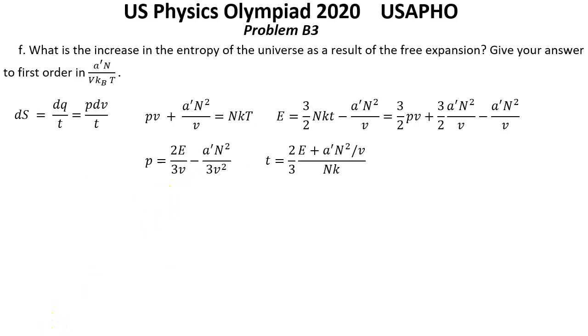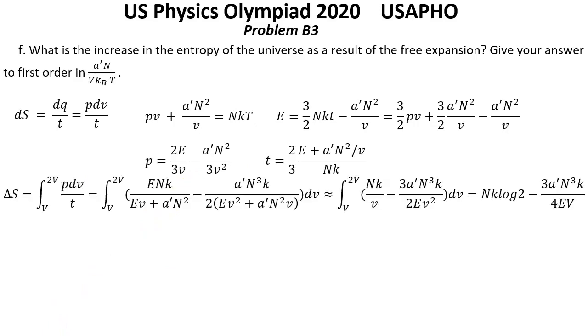Now we can do the integration. By definition, the change of entropy delta S equals the integral from V to 2V of this expression, and after substituting P and T we got this one, and after Taylor expanding we got this expression, and this expression we can integrate fully, which gives this one, and the energy is approximately equal to 3 over 2 nkT.